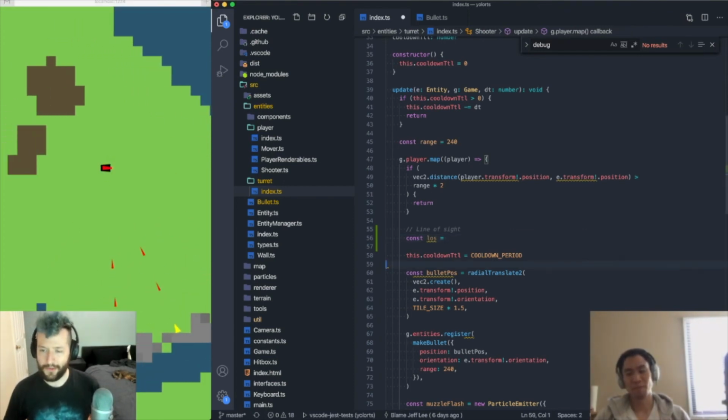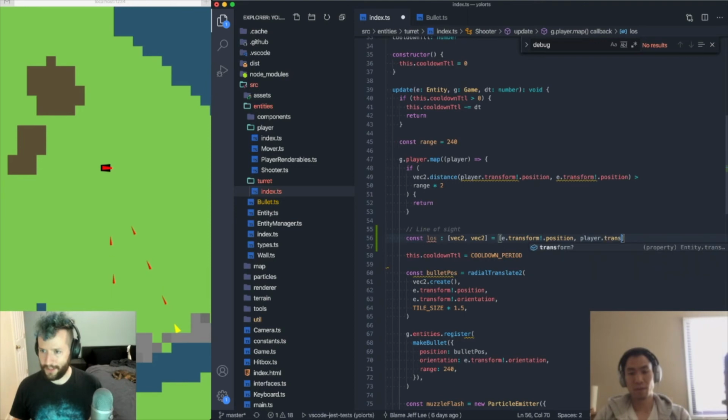Yeah. Cool. Okay, so our vec2 is going to be aligned from e.transform.position to player.transform.position.